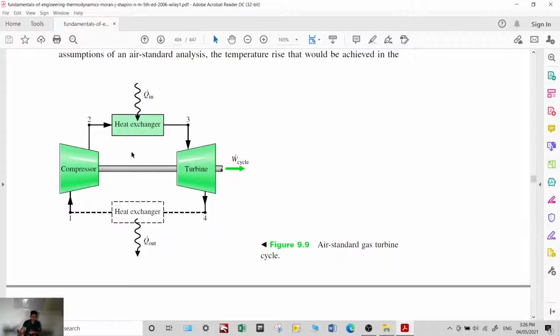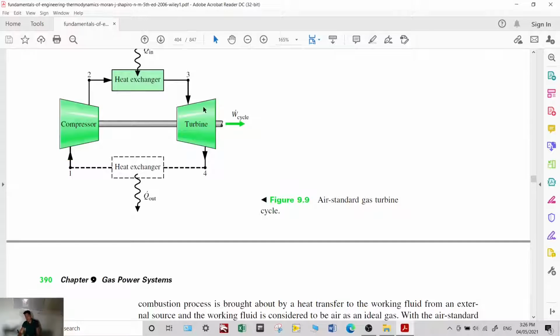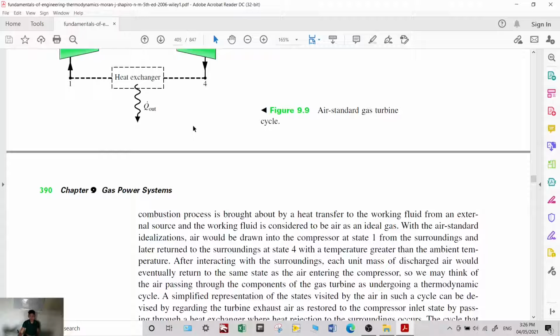The effect is that your temperature and pressure increase, and this high temperature gas is passed through the turbine to harness the energy contained in the fluid.